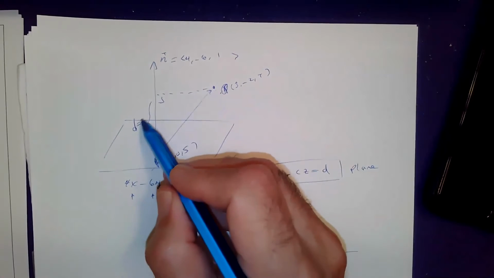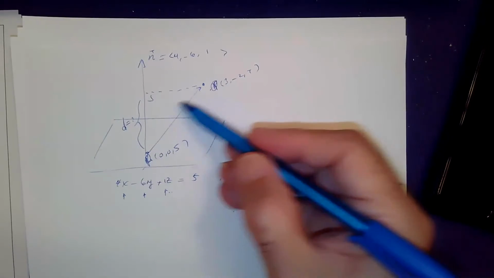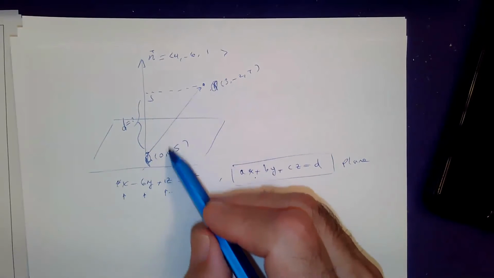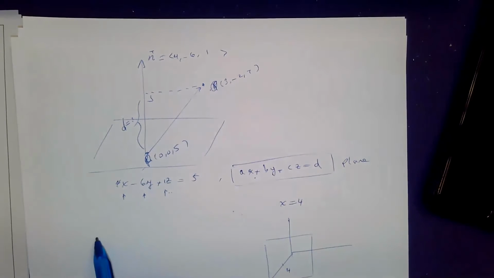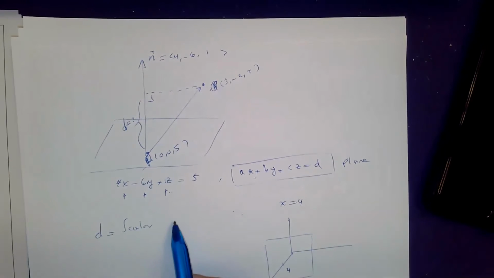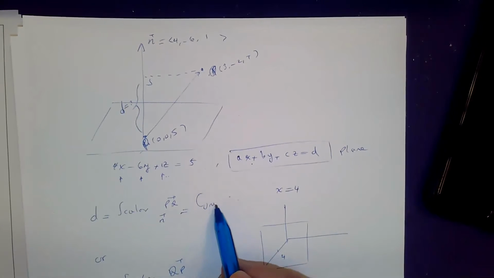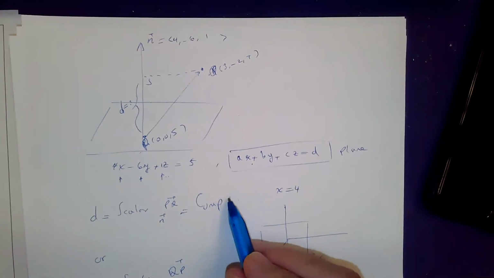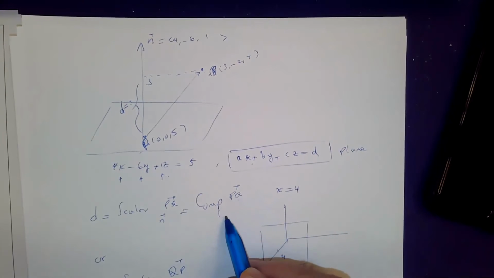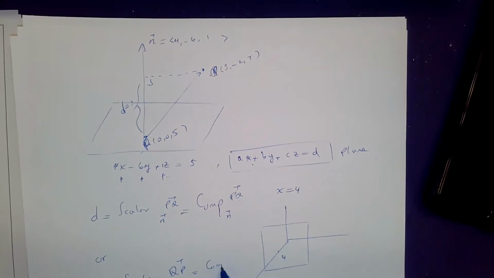However, to get that, as you mentioned, I have to find a scalar projection of PQ over N. In other words, distance is the scalar projection of PQ onto N, or you could say the scalar projection of QP onto N. As a matter of fact, the notation is COMP PQ subscript N, or COMP QP subscript N.